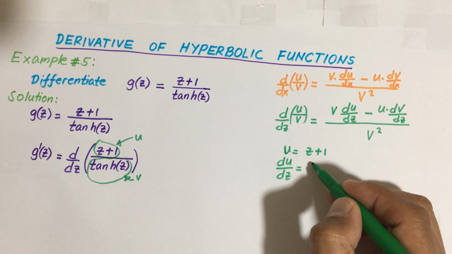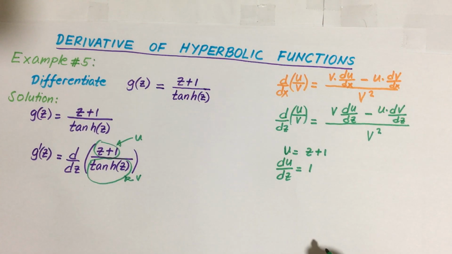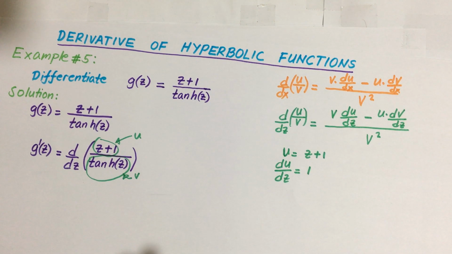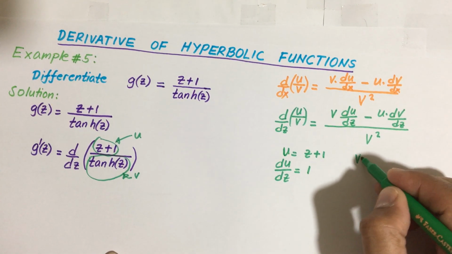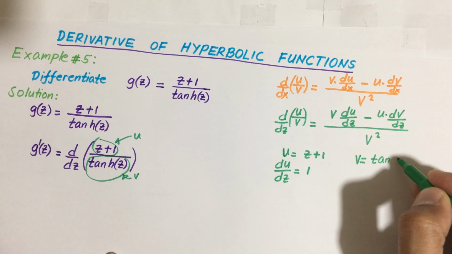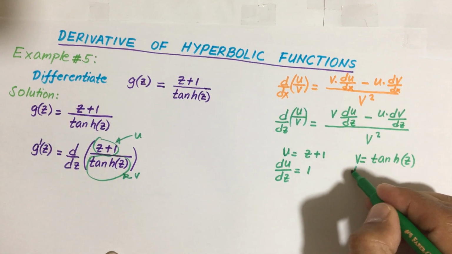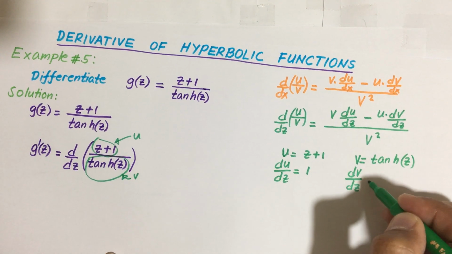So therefore we have only 1. Alright, then we have v. So what is our v? Our v is hyperbolic tangent of z. So what is the derivative of v with respect to z?